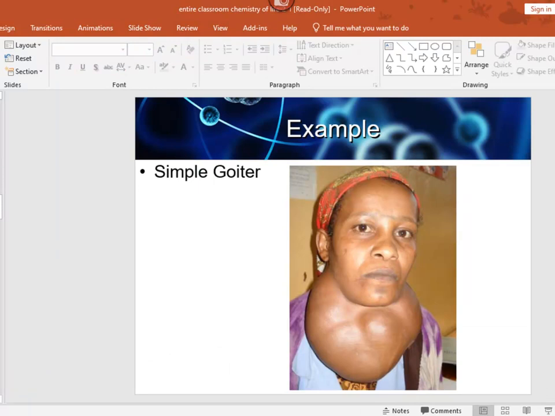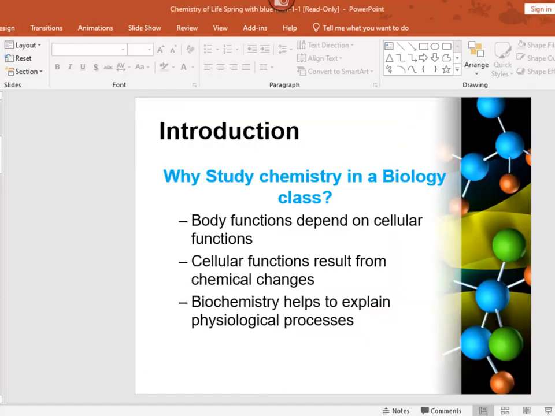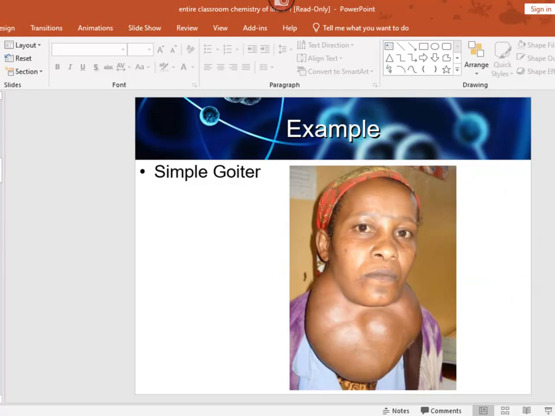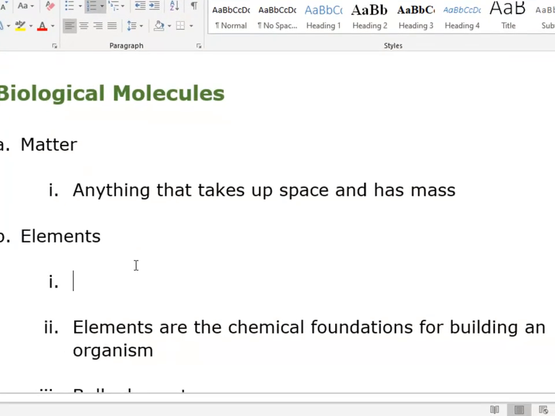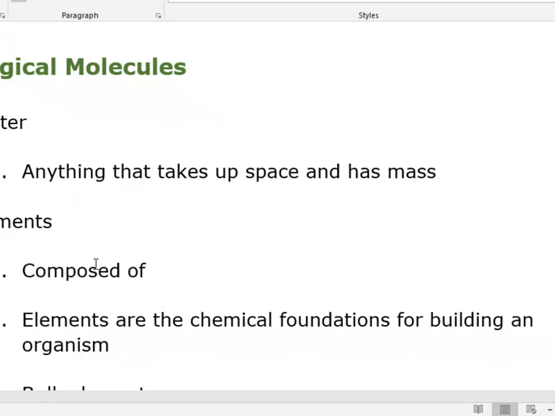And of course, I don't have one here. Let's see if I got one on my other PowerPoint. Nope. Sorry. Anyway, elements are composed of identical atoms. Elements are what make up matter.